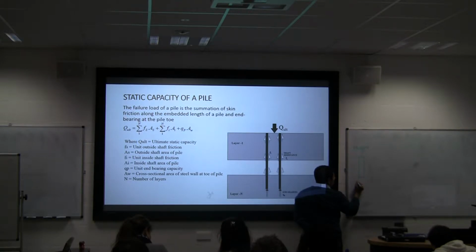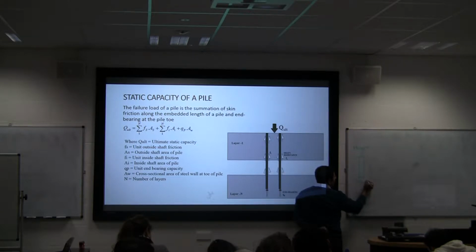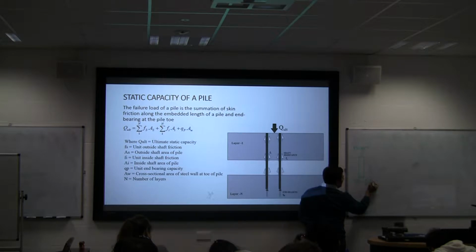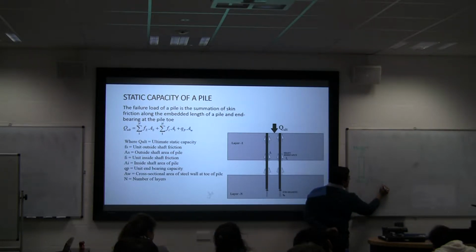So this would be QB. So you will take pi by 4 d squared, where d is the pile diameter, times end bearing resistance.